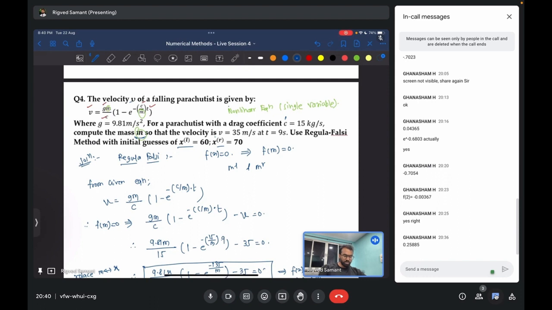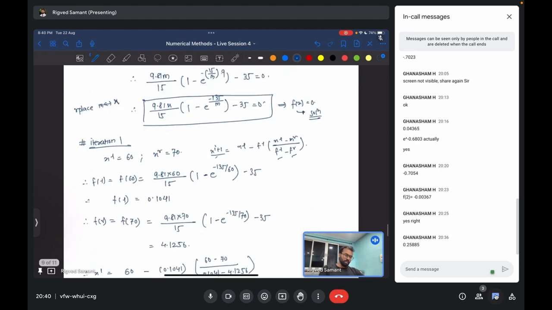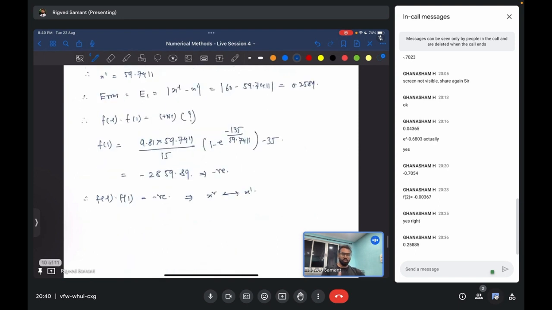From that we could see that except the mass value, the remaining values were given to us. So we could write it in terms of f of m is equal to 0. You could continue with this, otherwise write in terms of x and solve it, and at the end you just back substitute, m is equal to x, and you can get the answer.